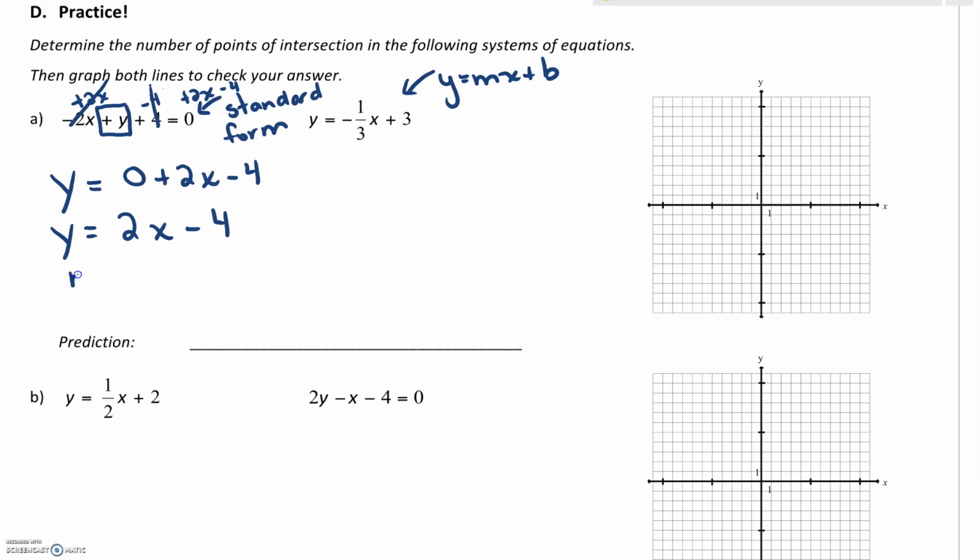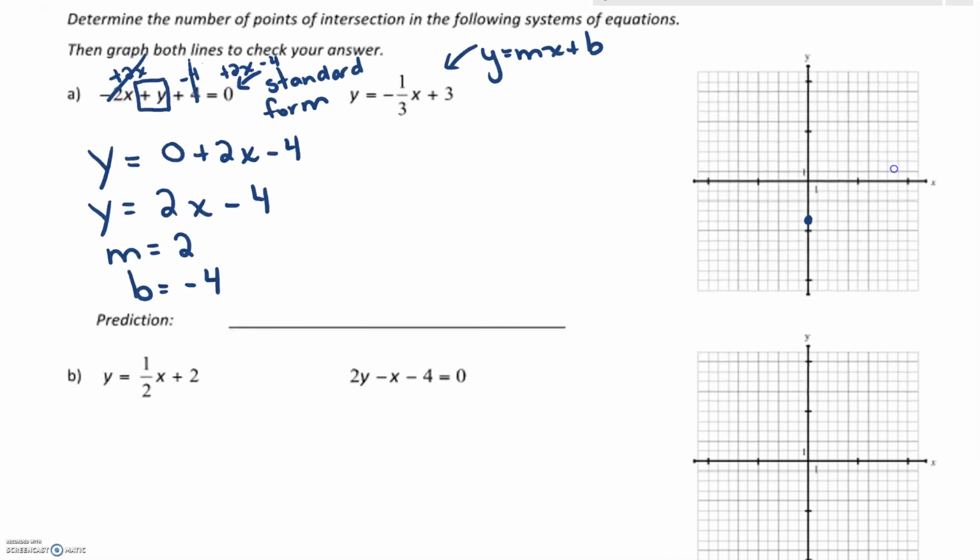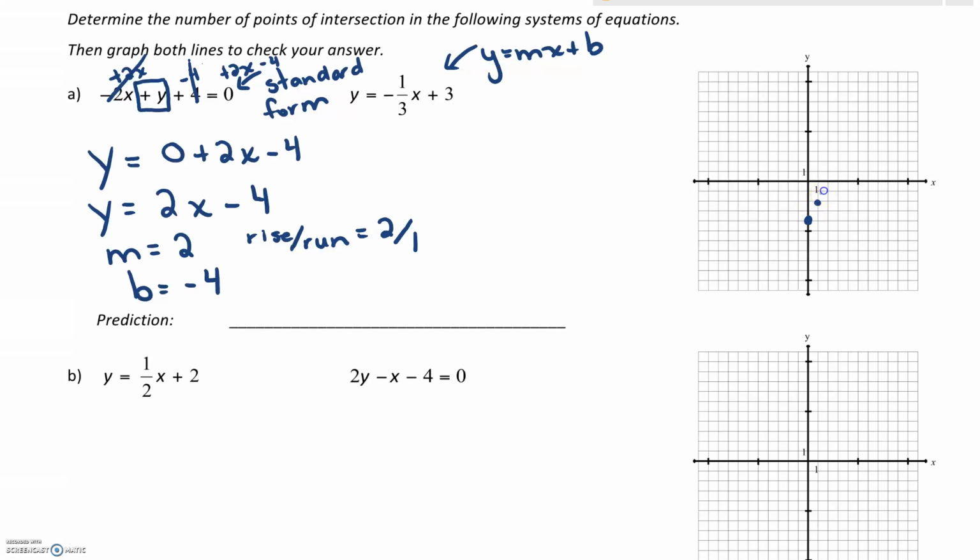So the slope in line A is 2, since that's the number with the x. And the y-intercept, or the starting point, is negative 4. So let's go to negative 4, draw a dot, and don't forget that the slope needs to be a rise over a run. And in this case, we have a rise, but we need to create the run. So we're going to put over 1. We're going to go up 2, to the right 1.